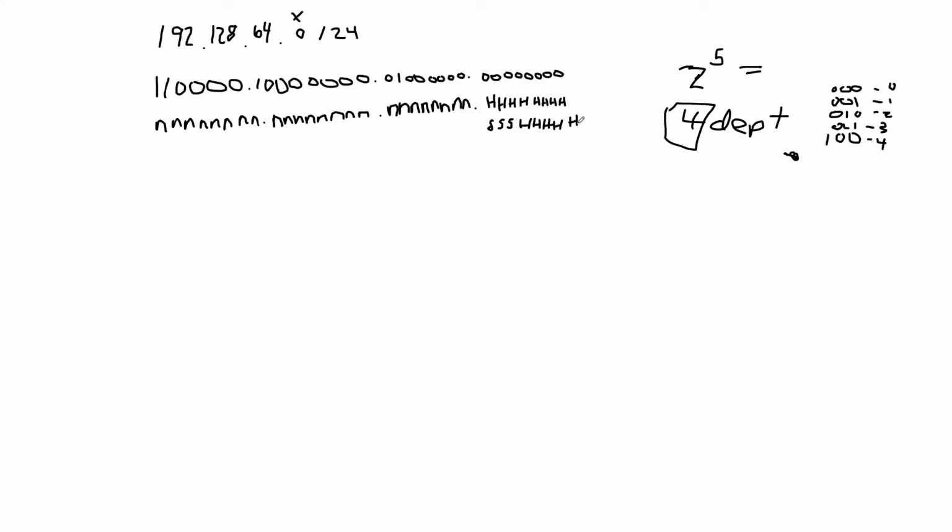Think about that for a second. I can count up to 32 with 5 bits. So now, instead of having 256 computers on a network, I have 4 networks with 32 computers on each one of the networks.